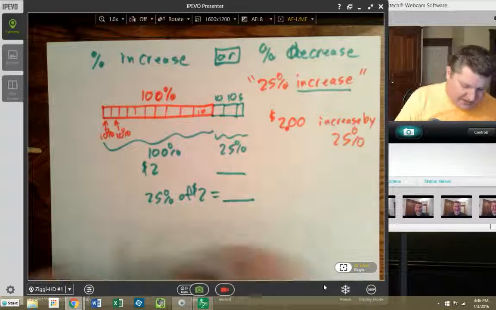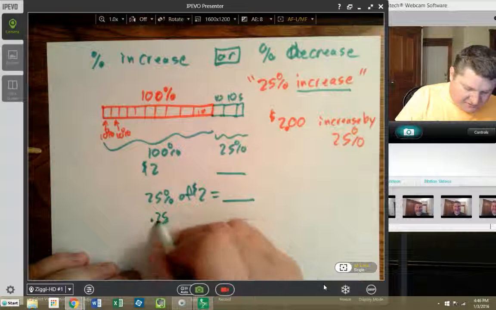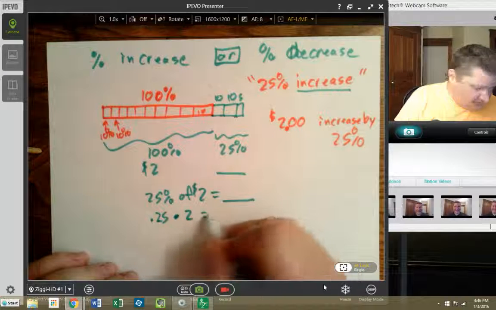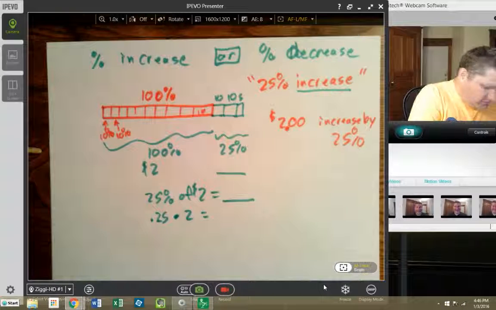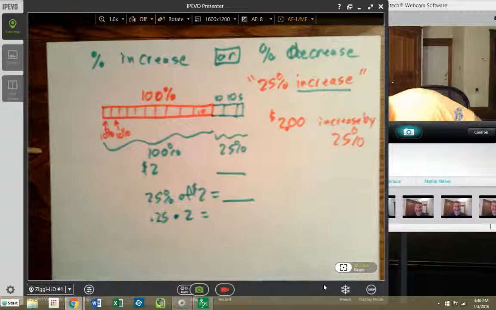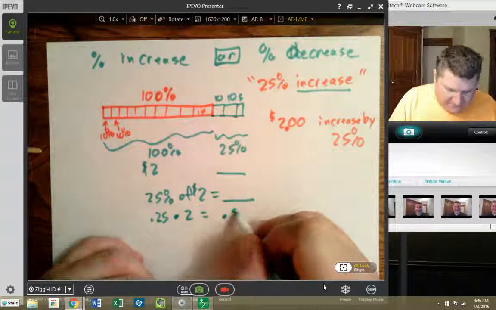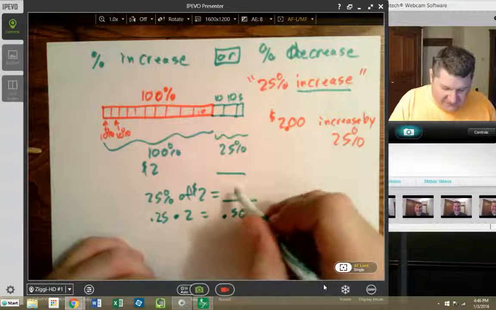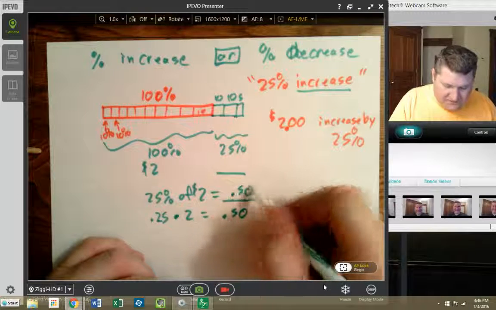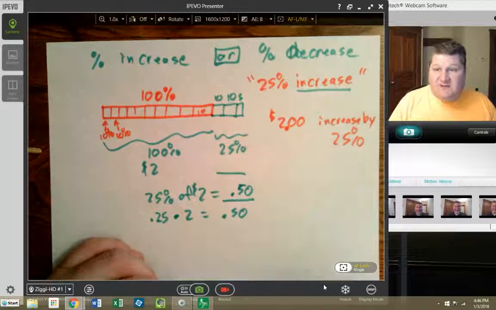Because if I know what 25% of $2 is, wouldn't that give me my blank? Well, I can do that. I can say 0.25 times $2. I use my calculator and I come up with 0.50, or 50 cents. So it's going to go up by 50 cents.